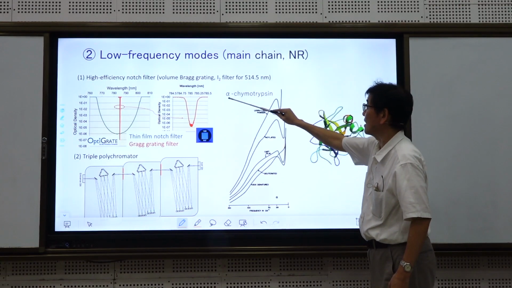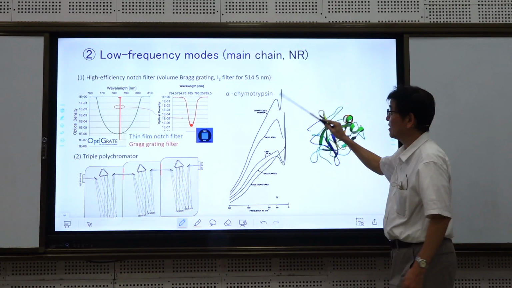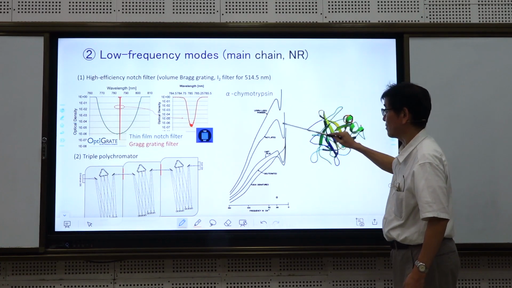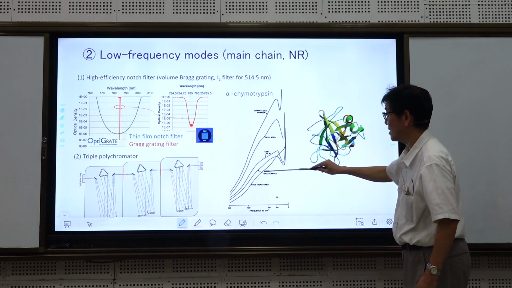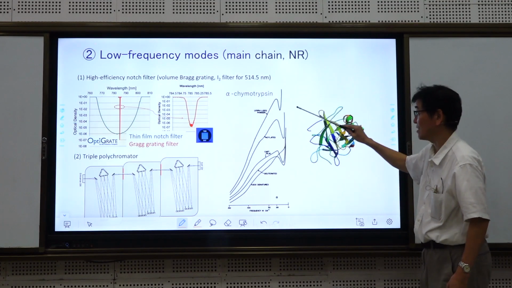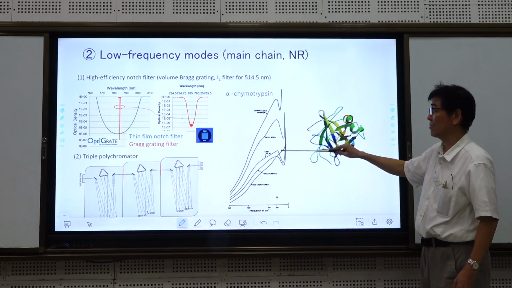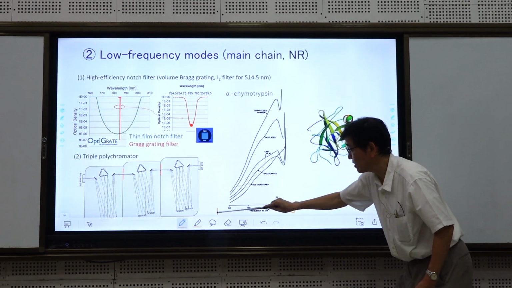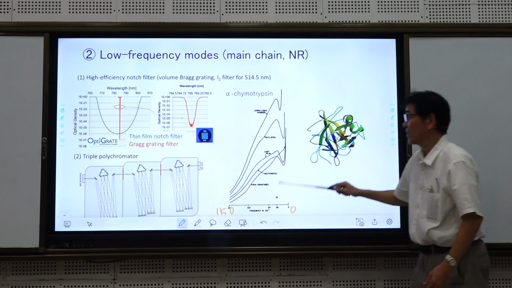And this is an example of alpha chymotrypsin, as lyophilized powder, or film, or denatured, or SDS denatured, depending on the condition. Low frequency mode, this is 0 wave number, this is 150 wave numbers.